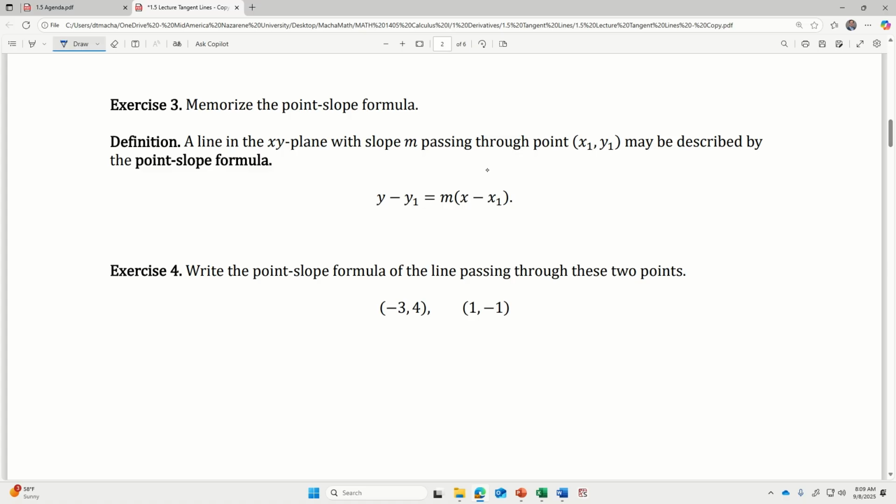So exercise 4 might say write the point slope formula of the line passing through these 2 points. And the first thing you would do is find the slope. And we already found the slope. It was negative 5 over 4.